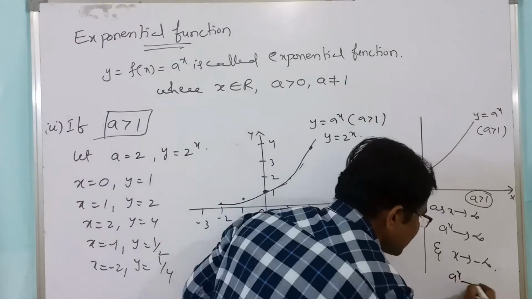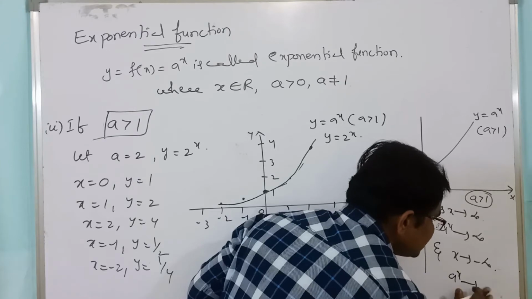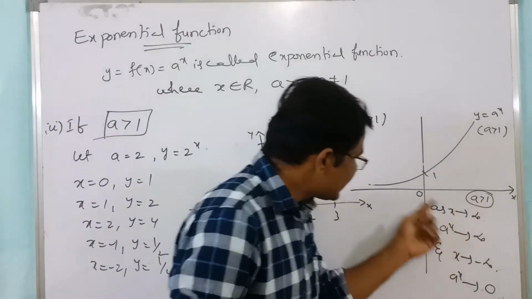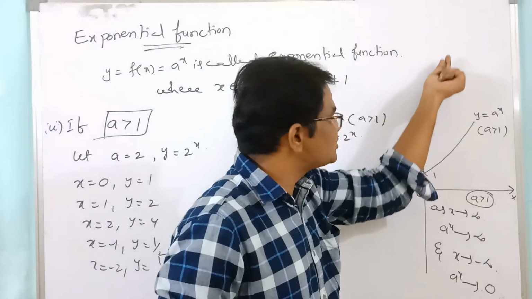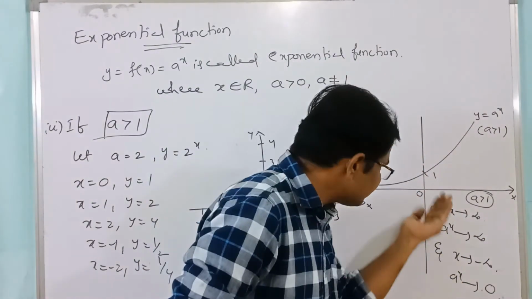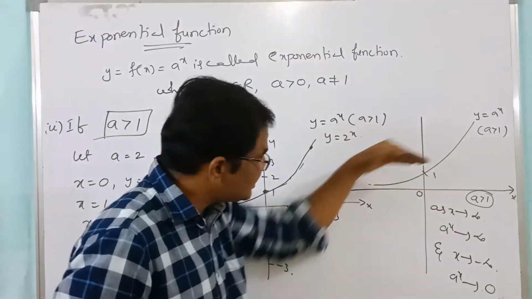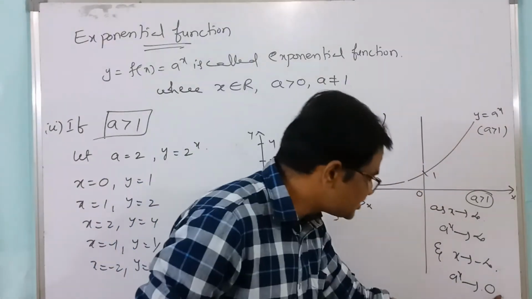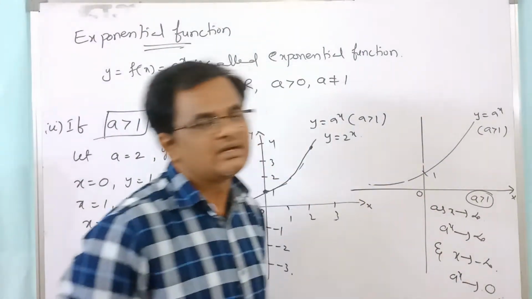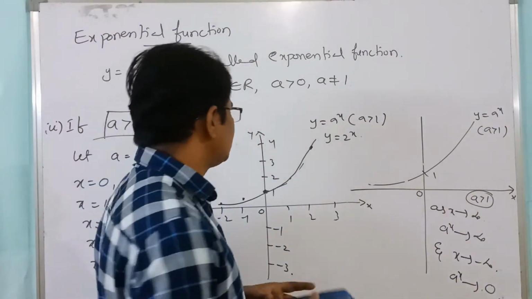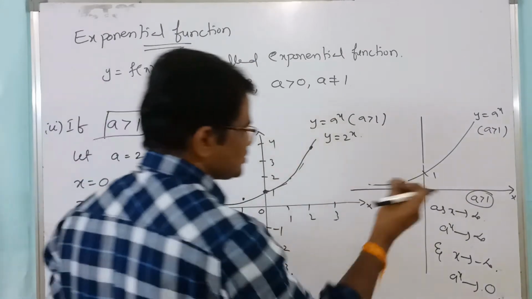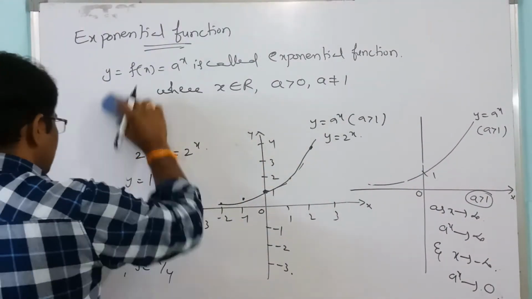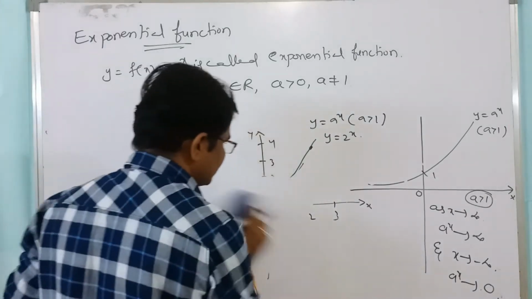So a power x approaches 0, right? Whenever a is greater than 1, x approaches infinity, y approaches infinity. Even when x approaches minus infinity, y approaches what? Close to the x-axis, means close to 0. A power x approaches 0, right? Like this we have to identify whenever x approaches infinity and minus infinity. So these are the two cases for the exponential function.